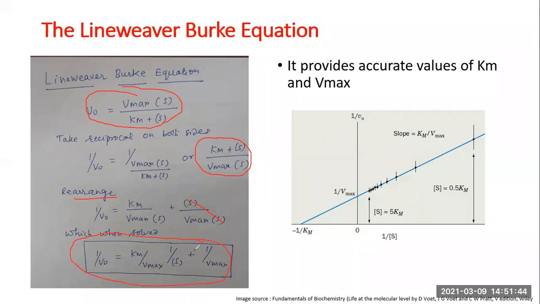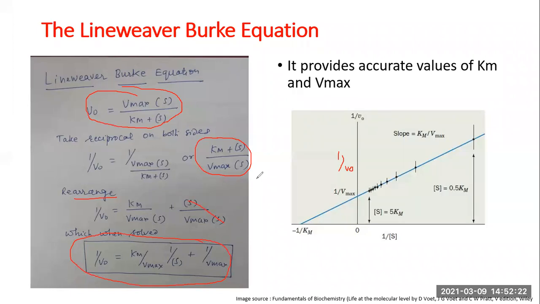What is the advantage of this particular equation? Now if you plot 1 over S against 1 over V0, with 1 over V0 on this side. In the direct plot, you plot substrate concentration versus initial velocity. Here, on both axes you have the reciprocal: 1 over substrate concentration, 1 over V0. So instead of getting a rectangular hyperbola, you get a straight line. In the rectangular hyperbola of the previous slide, you get only approximate values of Vmax and approximate value of Km.